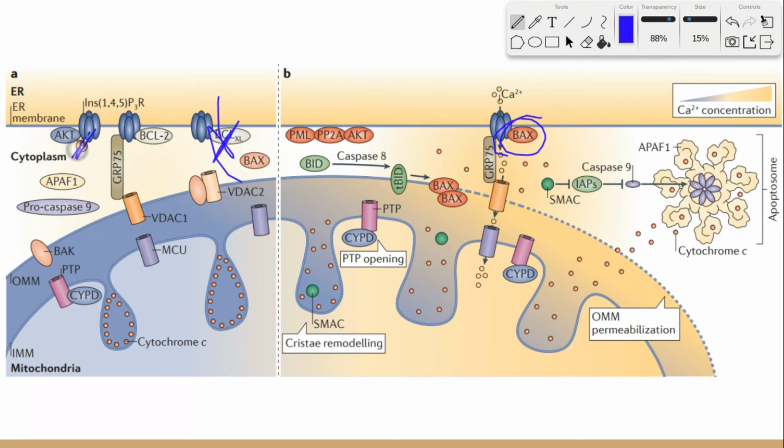We see the loss of this phosphorylation due to the inhibition of AKT and the recruitment of a phosphatase that specifically removes that phosphorylation. When this happens, it leads to GRP75 linking up the IP3Rs with VDAC, and they begin facilitating calcium flux into the mitochondria.